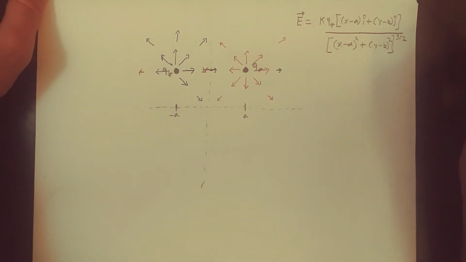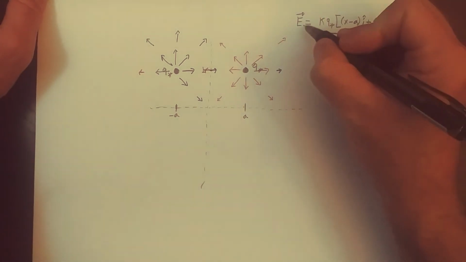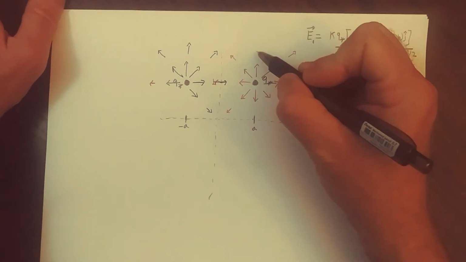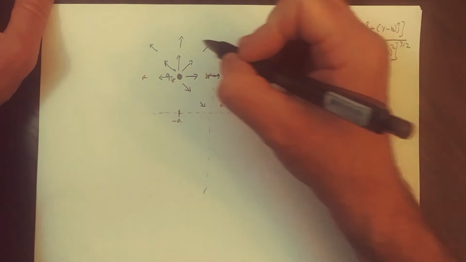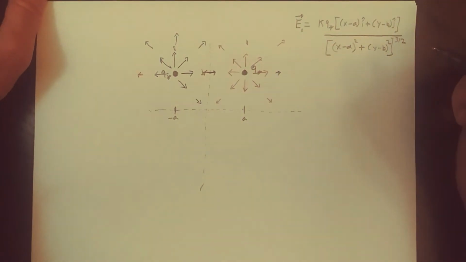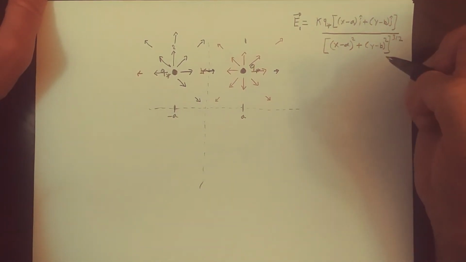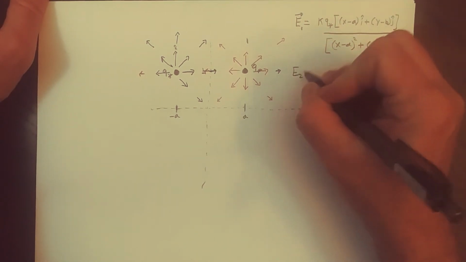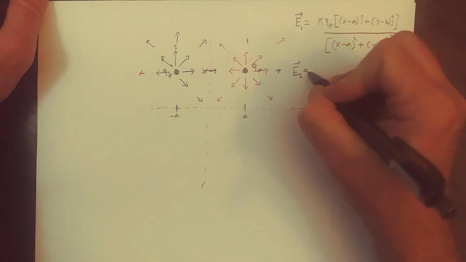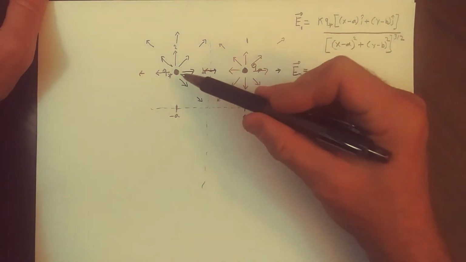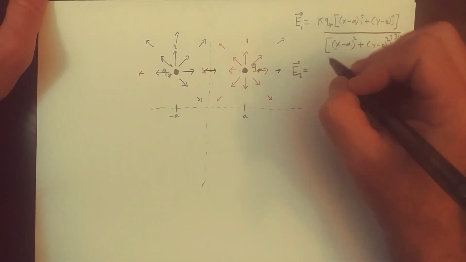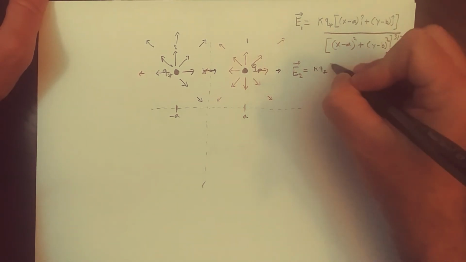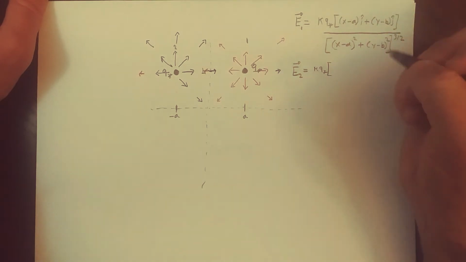Let's just call this the electric field 1, where particle number 1 is over here and particle number 2 is over here. So particle number 1 produces that electric field, and particle number 2 produces an electric field that depends on the coordinates of particle number 2, and that's k q star, because it has the same charge.